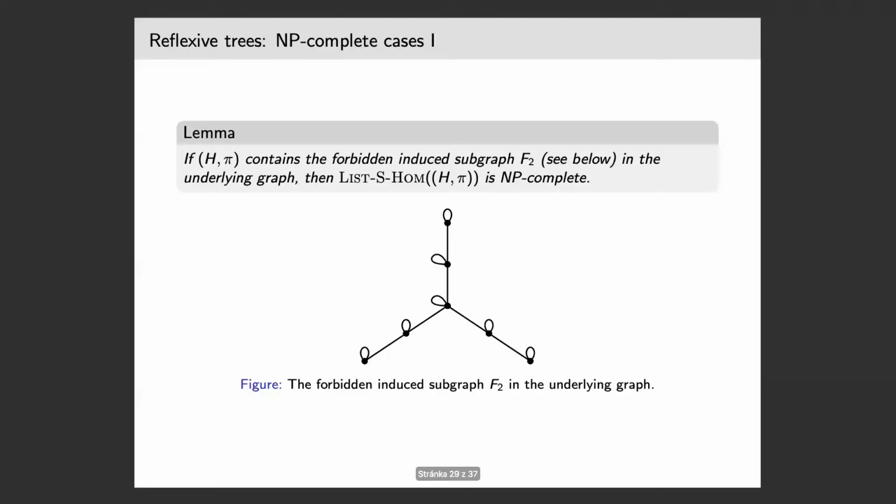Let me now more briefly sketch the situation with reflexive trees, which is in some sense very similar to the previous case. We have the result that the following reflexive tree is forbidden, no matter what the colors of edges are. This means that polynomial cases will in this case be caterpillars.